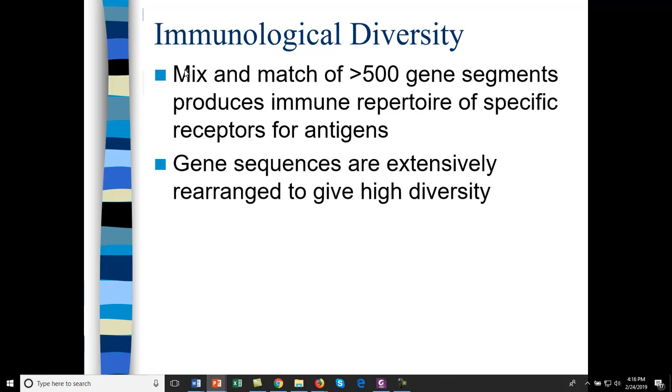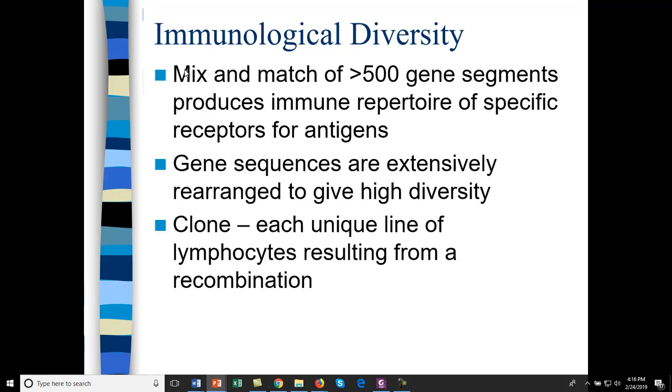Okay. During B cell maturation and T cell maturation, the gene sequences are extensively rearranged, and so you get a high level of diversity. Each B cell is specific to one antigen. Each T cell is specific to one antigen.